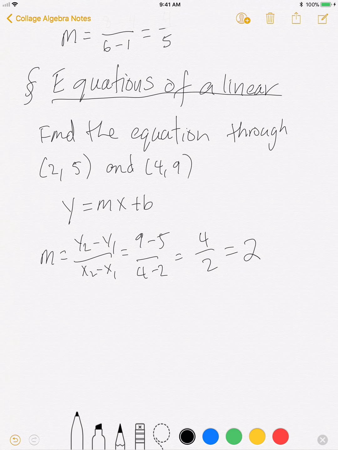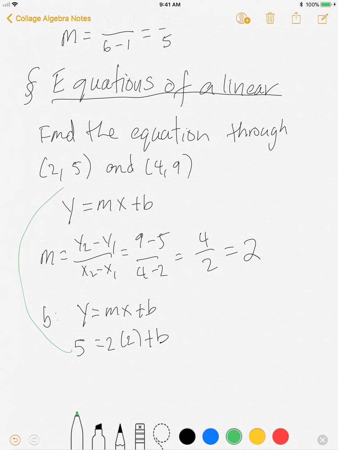And once I've calculated the slope, it becomes a pretty simple step to find the b. I know that my equation is y equals mx plus b, and I know that when y equals 5 and x equals 2, the slope is 2 and b is an unknown.